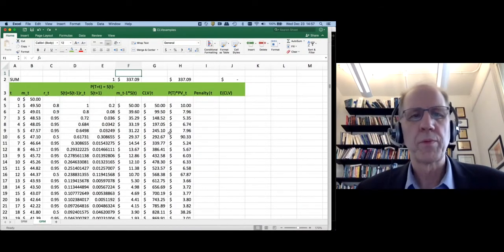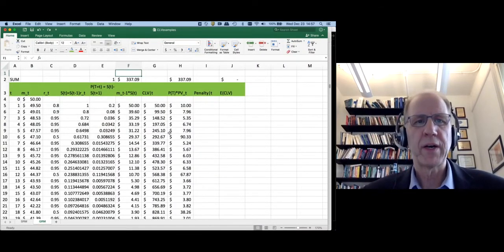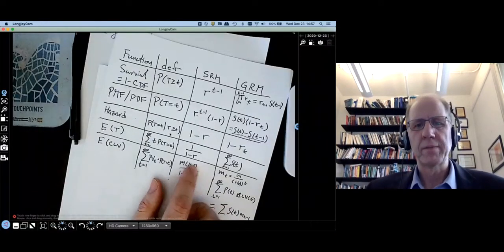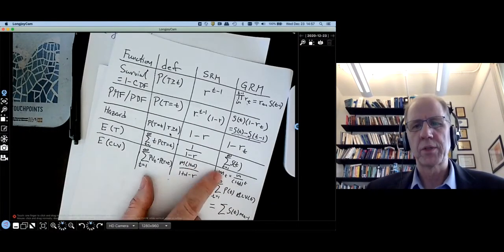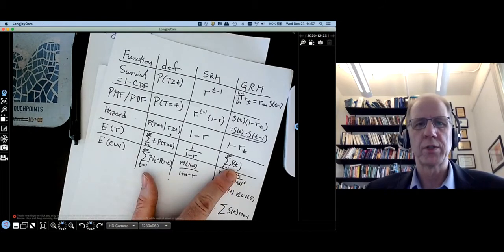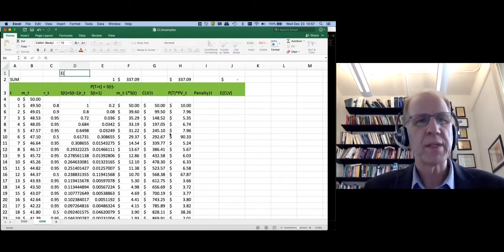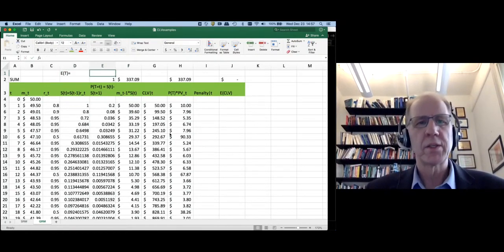So another question we might ask is, what's the expected value of t? And if you remember from my lecture notes, that's just the sum of the survivor functions. So let's go figure this out. I'm going to say the expected value of t is equal to the sum.